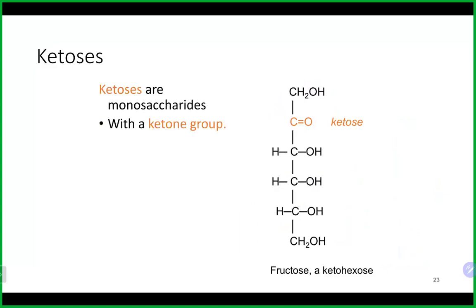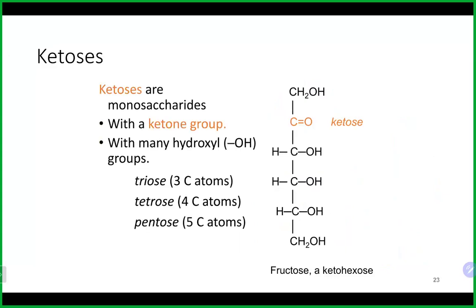Now we could also have ketoses, which are different than aldoses. And the difference is it's got the ketone functional group here. So much like we saw in organic chemistry, that's our ketone functional group. And just like in organic chemistry, that carbonyl carbon cannot be at the end. It needs that 3-carbon run. So you'll always find that really carbon number 2 in this case.